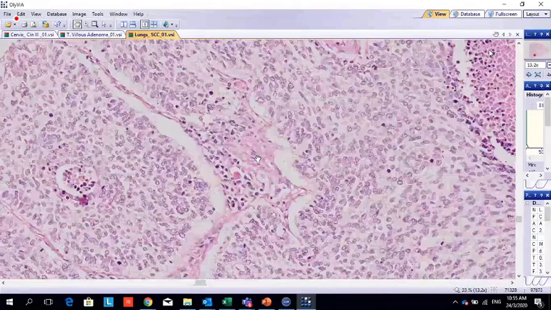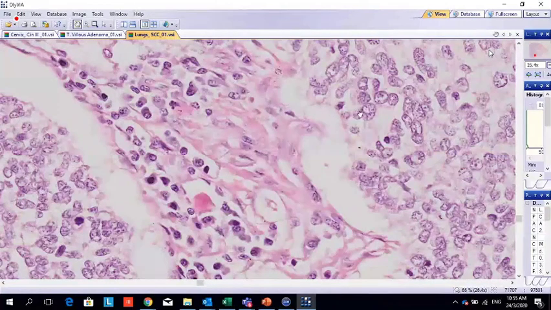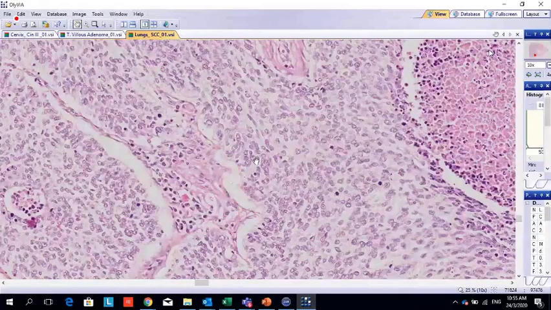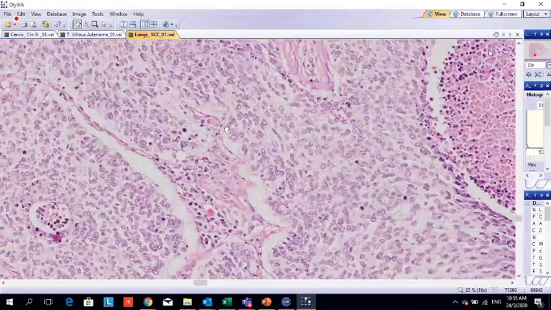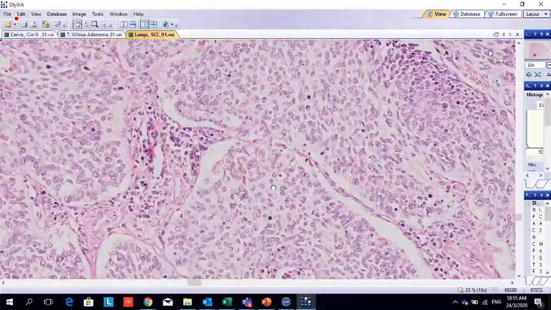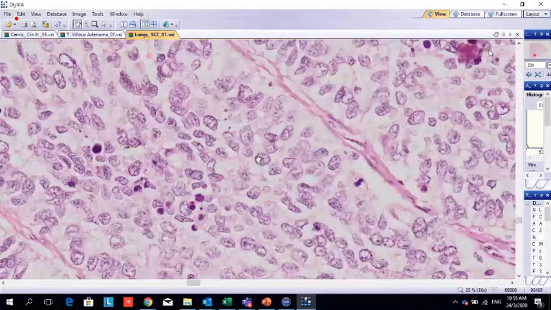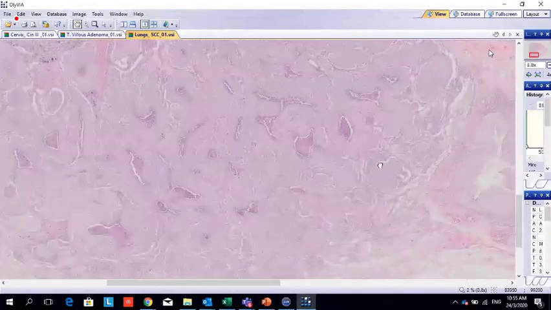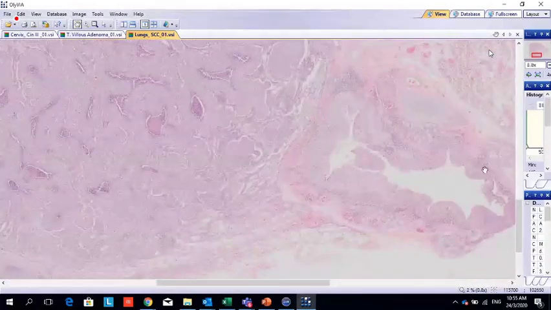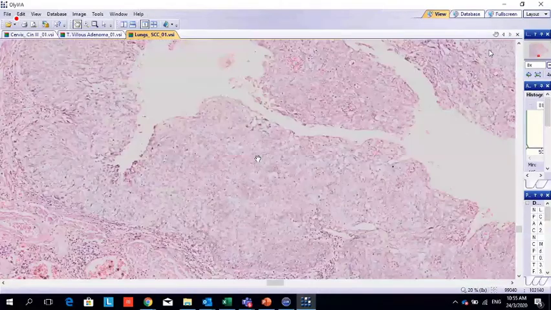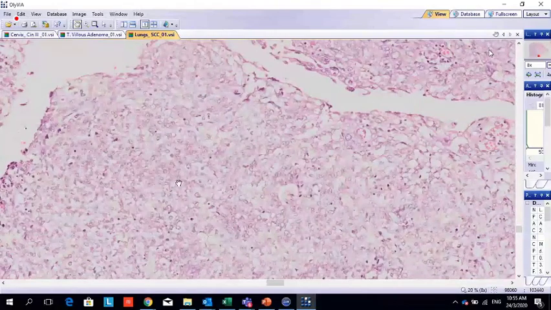Okay, in this case, if I have a case like this, I have to do mucin stain, I need to do other stains. But I already have carcinoma in situ inside too. This proves that the tumor arises from the bronchus and is due to metaplasia of the epithelium.